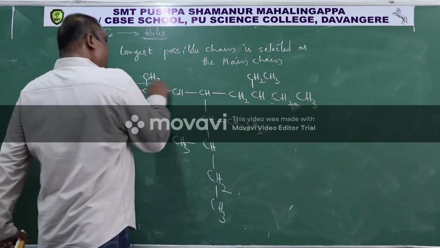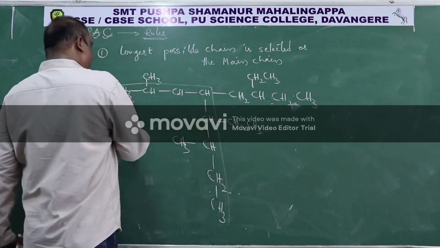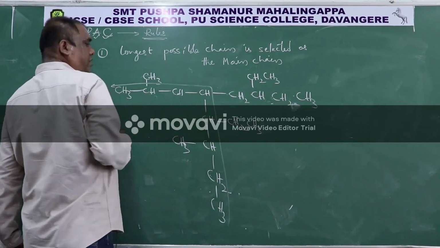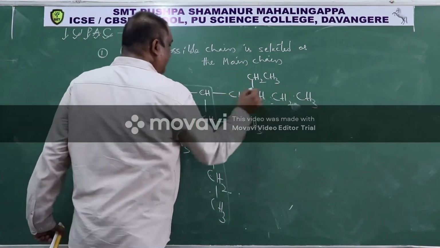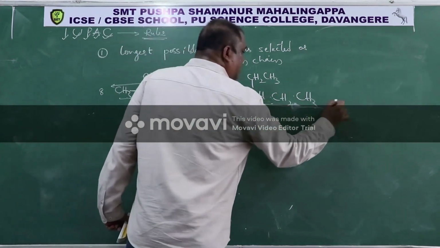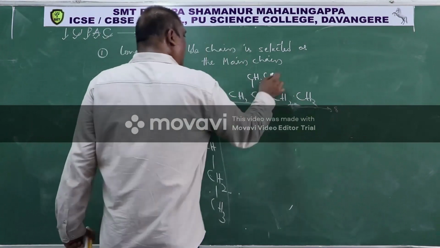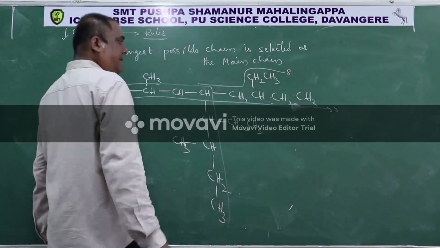So this has 8 carbons. Then 1, 2, 3, 4, 5, 6, 7, 8. This straighter one also has 8 carbons. Then if you take it like this, it also has 8 carbons.